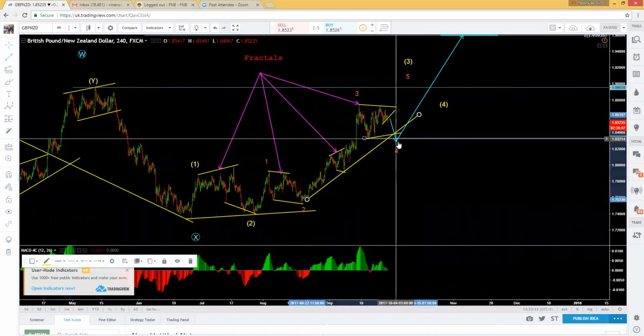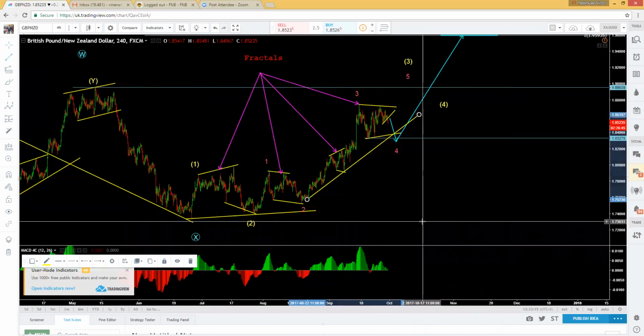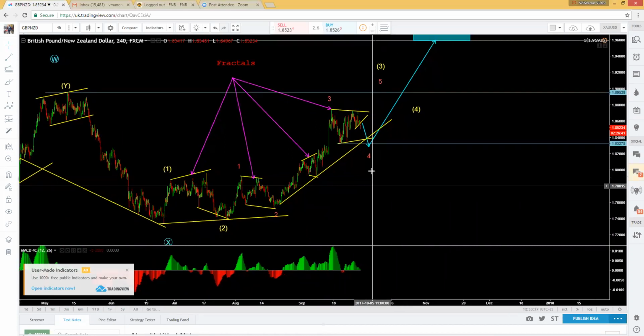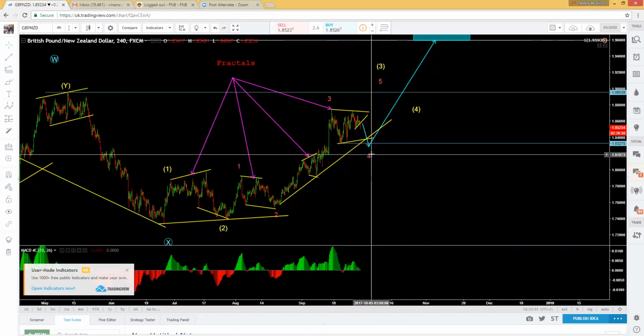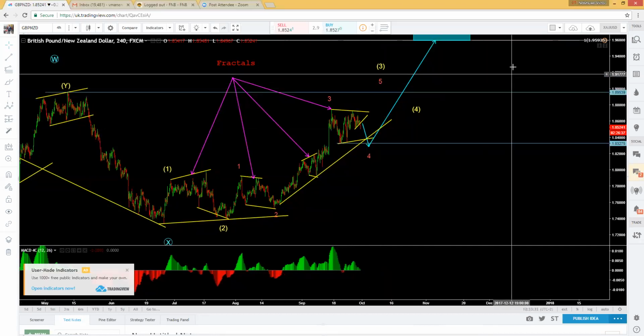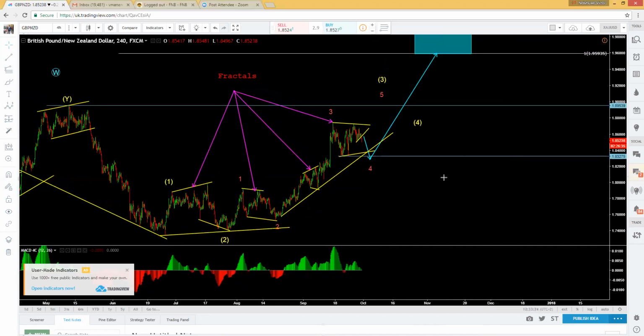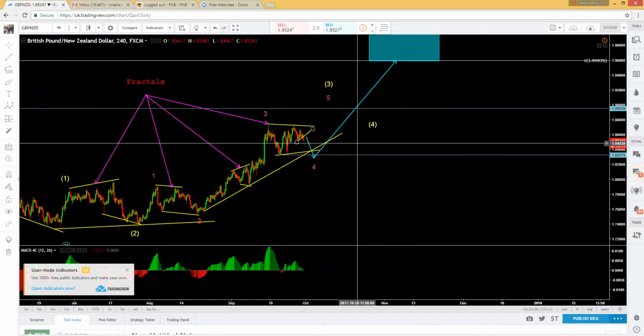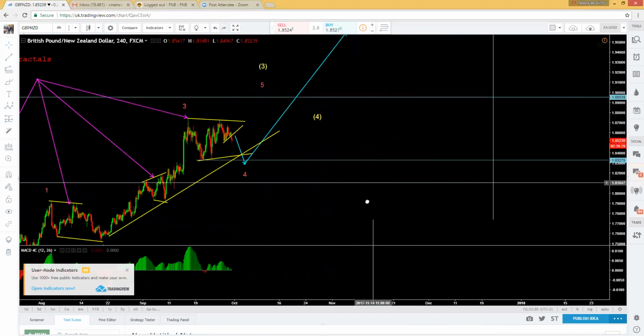And then when it breaks here, you say, okay, it has broken, now we're going. But because we know the sequence, breaking the trend line doesn't mean anything. If you know the sequence, you know that the bullish upside move is not yet completed.